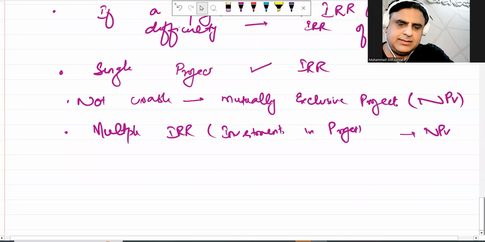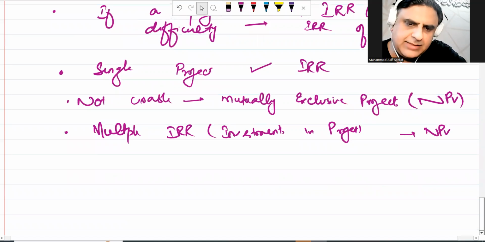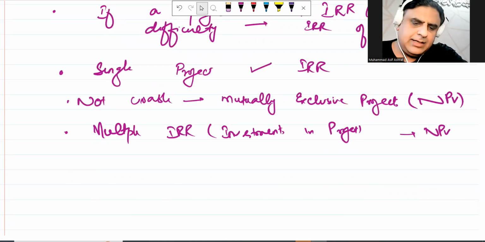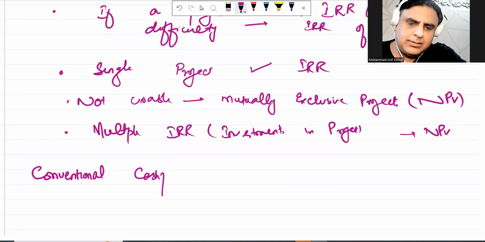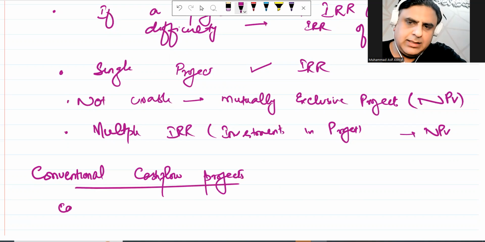This is called conventional cash flows and unconventional cash flows. What are conventional cash flow projects? Conventional cash flow projects are projects in which the capital expenditure is once at the start of the project's life.